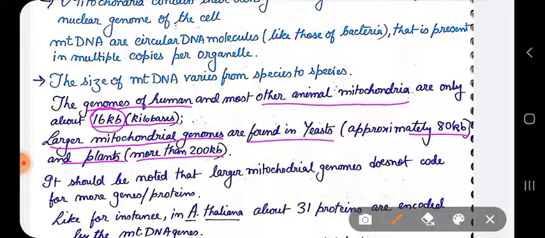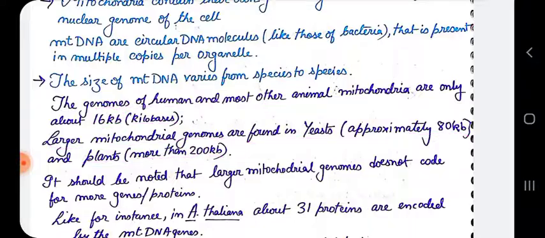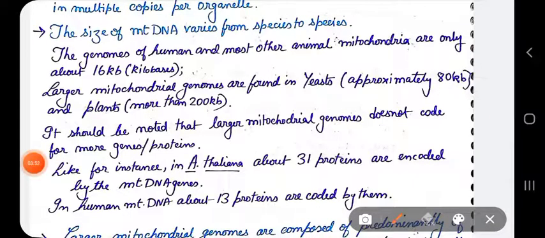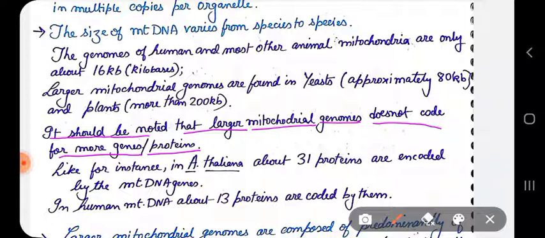Large mitochondrial DNA does not mean it will code for all the proteins. Most of the mitochondrial DNA is non-coding region. It should be noted that larger mitochondrial genomes do not code for more genes or proteins.